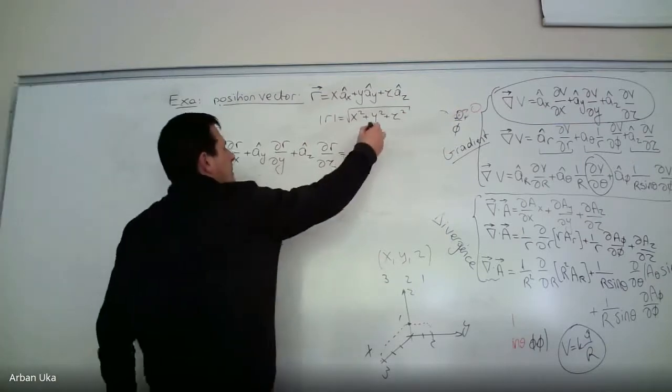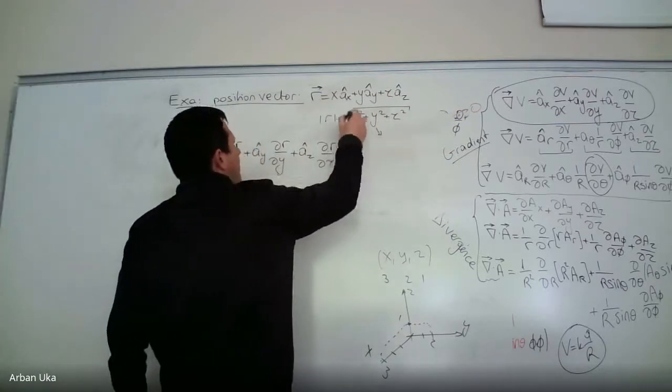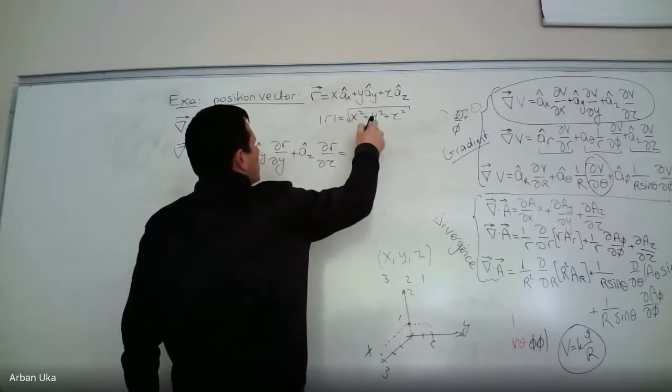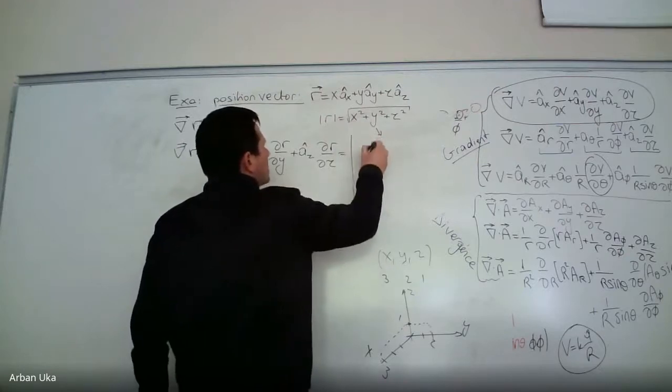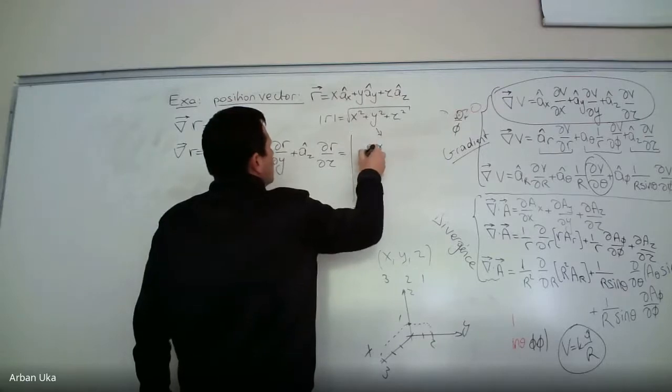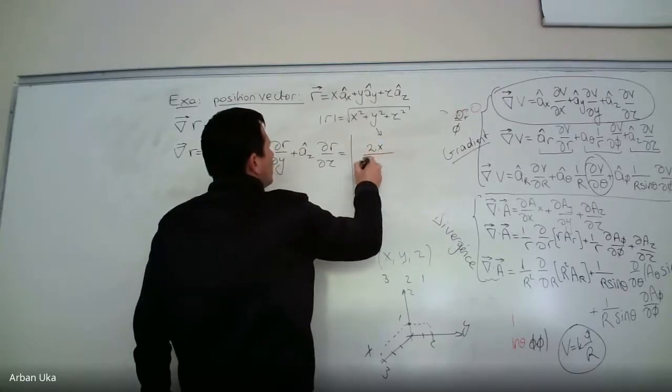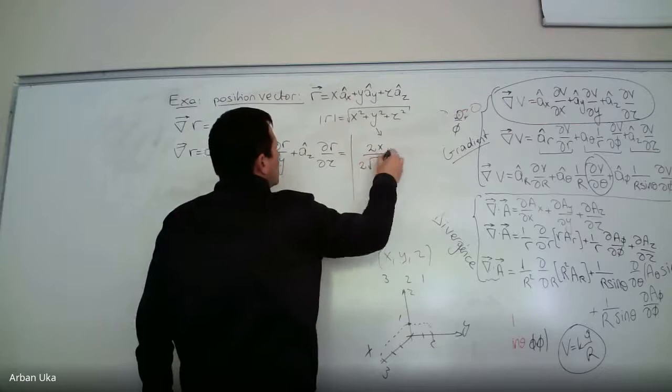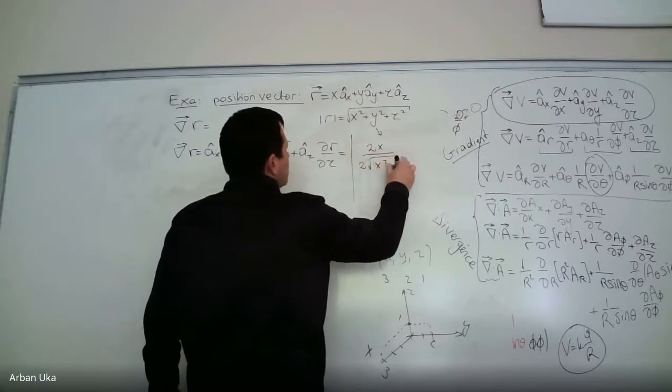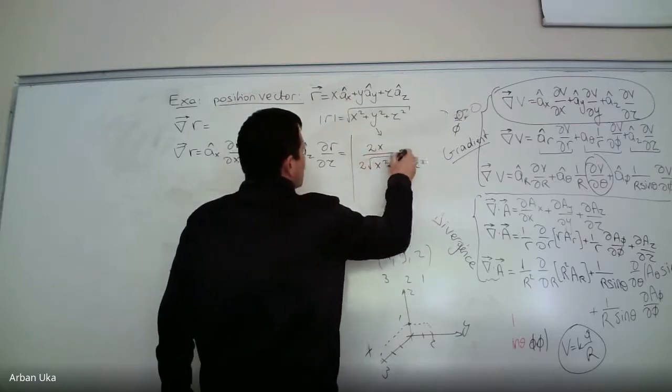And in this case, we can look for what is the derivative of R with respect to dx. What is the derivative of this one with respect to dx? This is 2x over 2 times the square root of x squared plus y squared plus z squared.